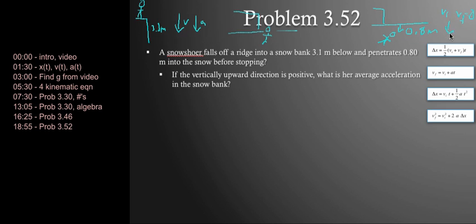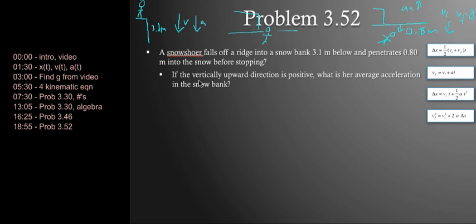So if you start off with velocity down and you end up with 0, that means you had to have some acceleration up. Here we had acceleration down. After she hits the snowbank, she had to have an acceleration going up.